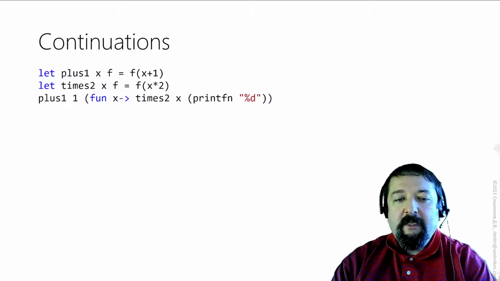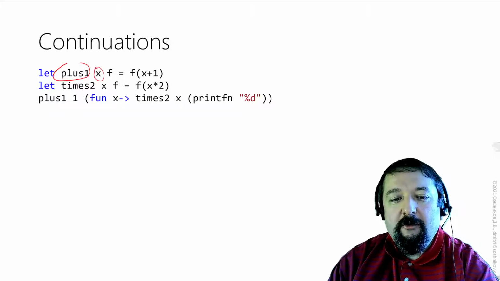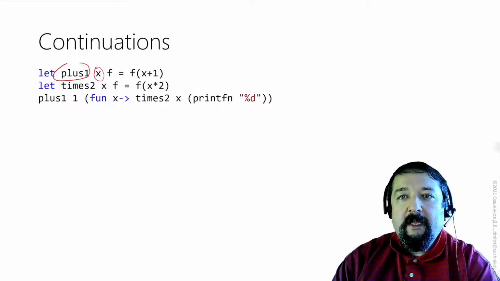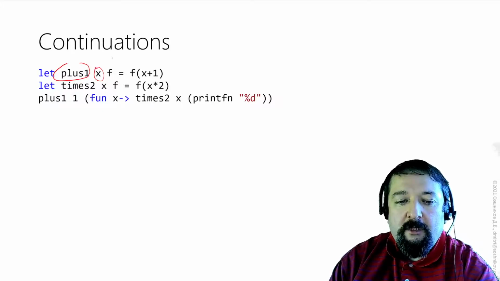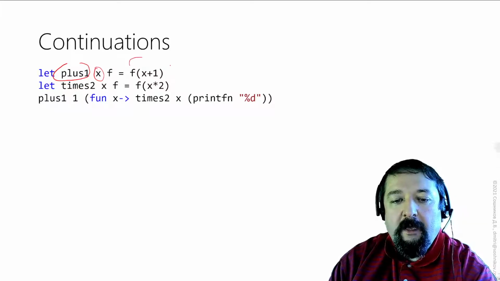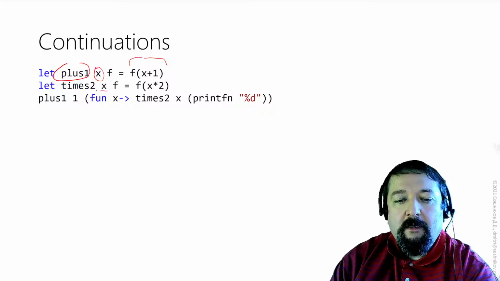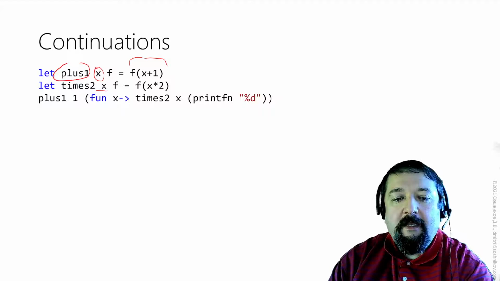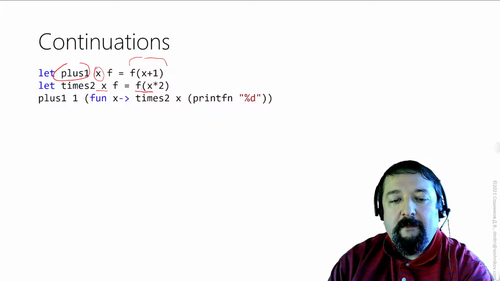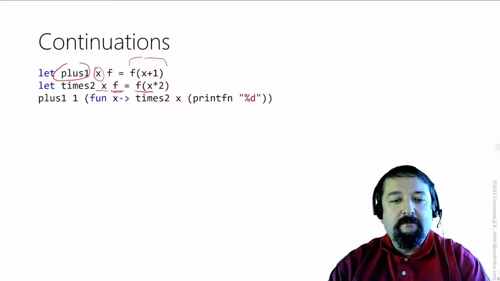So, for example, we can have this function +1, which will take the initial argument x, and then it will take the function f that should be executed afterwards. And what it will do, it will call f on x+1. Then if I want to multiply something by 2, again, I will create this function as the function which takes an argument, and then it takes the continuation f and calculates f of x times 2.